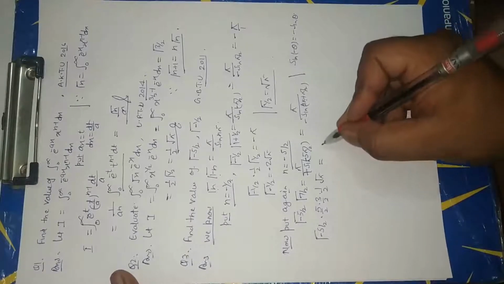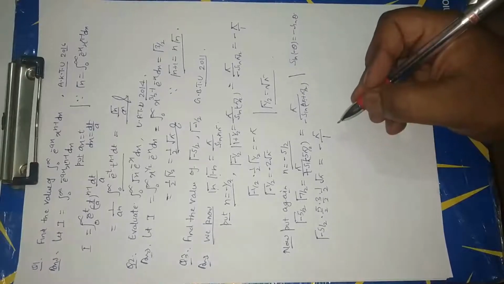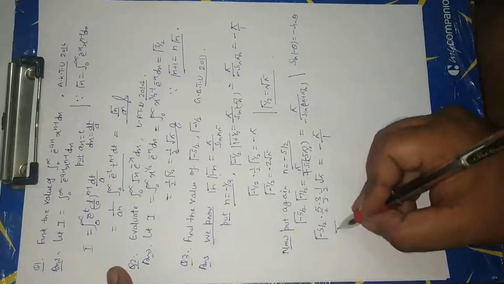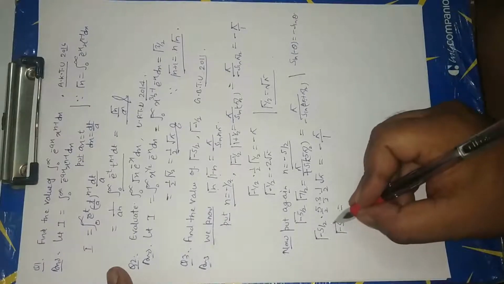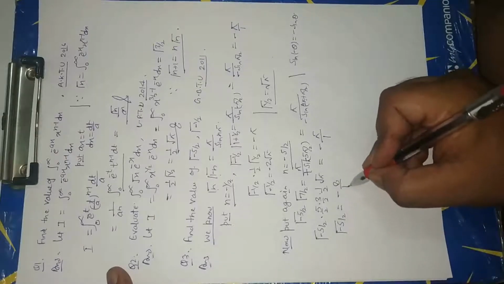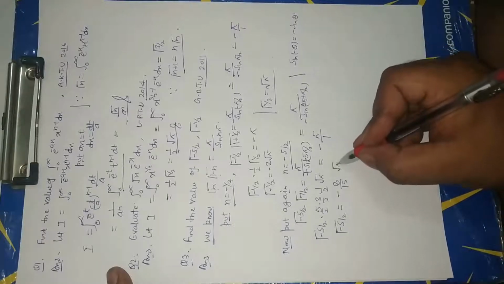This is equal to minus pi upon sin pi by 2, that is 1. So this cancels with this, and gamma minus 5 by 2 is equal to minus 8 upon 15 under root pi.